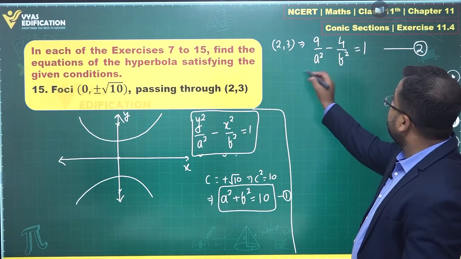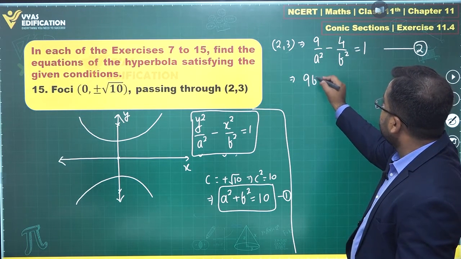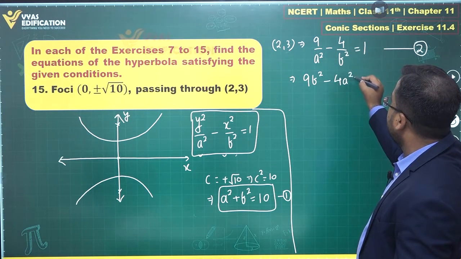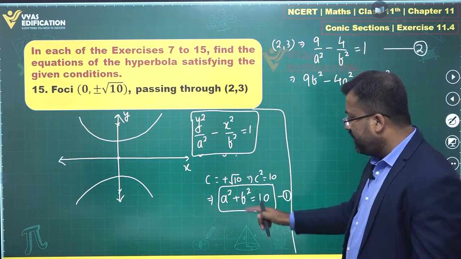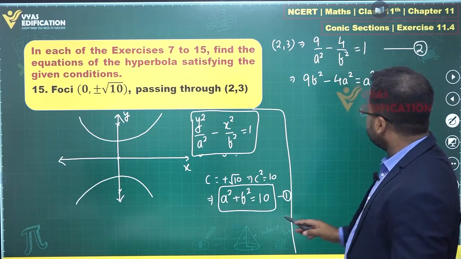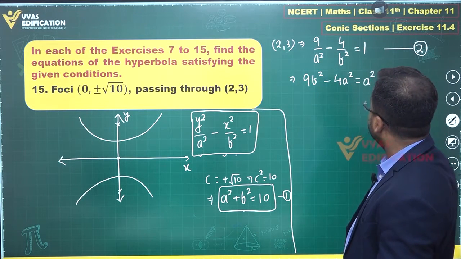Let's see. Let's take the LCM over here. This is 9b square minus 4a square is equal to a square times b square. Okay, and use one of the values over here. Either we can substitute a square or we can substitute b square. So what do we want to substitute?